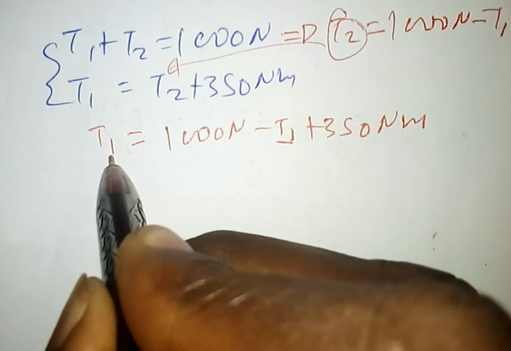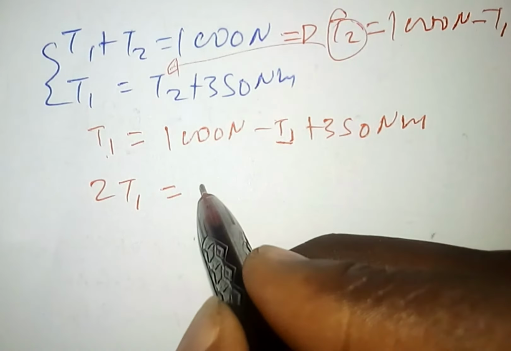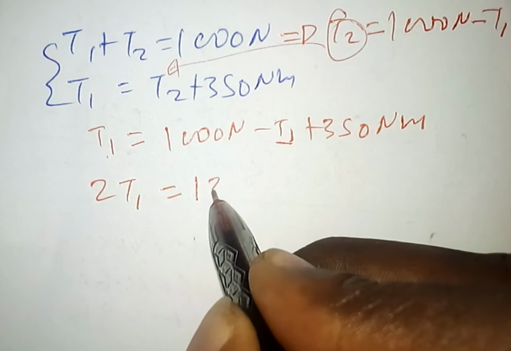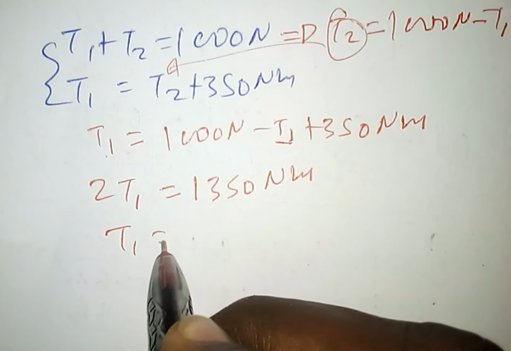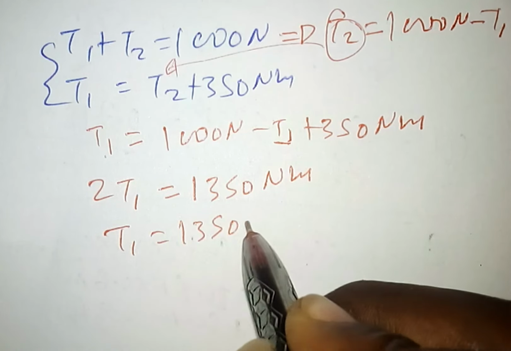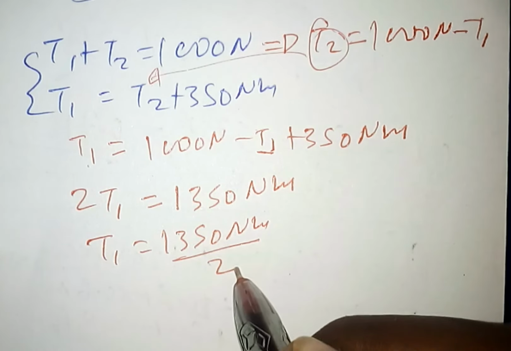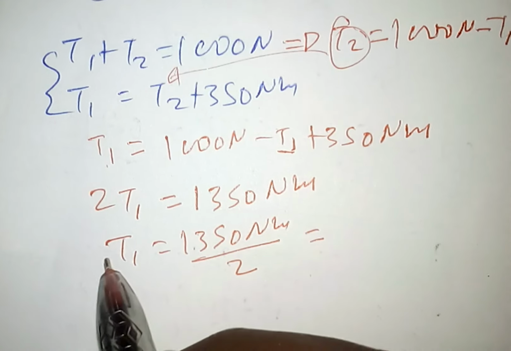If I transfer T1 to this side, I have twice T1 equal to these numbers added together, 1350 Newton meter. So T1 is 1350 Newton meter divided by 2. By the way, here T1 is times meter.